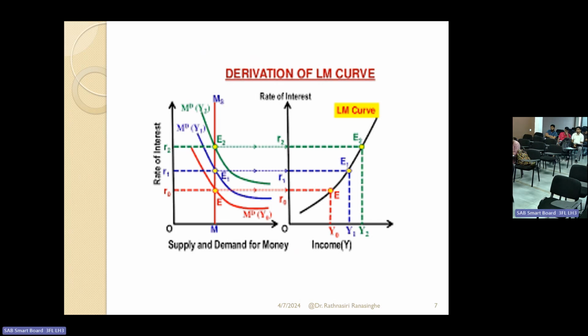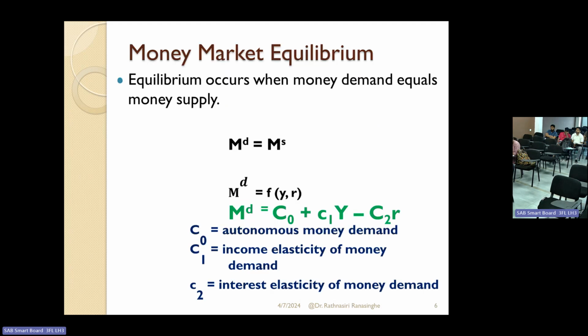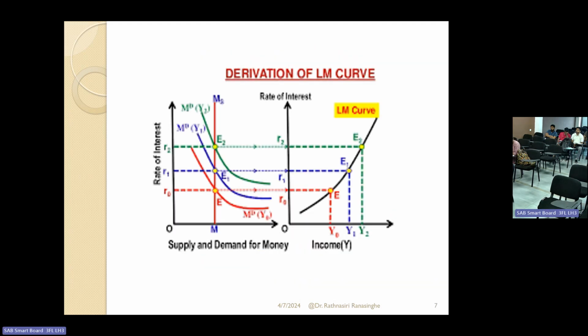The interest rate does not change initially, so at the prevailing interest rate there is an excess money demand, given by this range. So the money market is in a disequilibrium situation, not stable, at the prevailing interest rate R0.